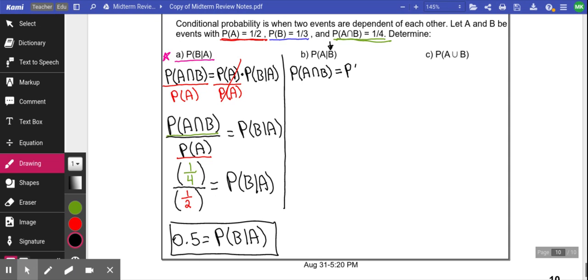Therefore, probability of B has to be the first thing in your formula, as compared to before when it was probability of A in this spot. This was probability of A because A had happened. In this question, B happened. So we have to have probability of B instead of probability of A. And then we multiply that by the probability of A given B happened.